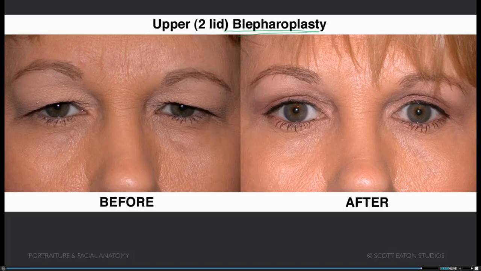Oftentimes this problem of the upper lid fold being masked by skin is just caused by laxity in the skin, right, just hanging down. But in this particular instance, there is a bit of fullness to it as well. So you have two things. You have skin that's sagging, but also potentially caused by a bunch of fat sagging down as well, right? So they take the fat out, maybe just cut it there, dig out some fat.